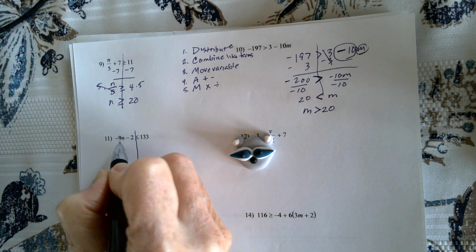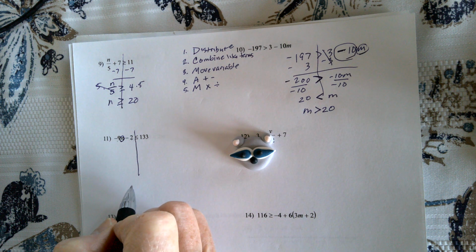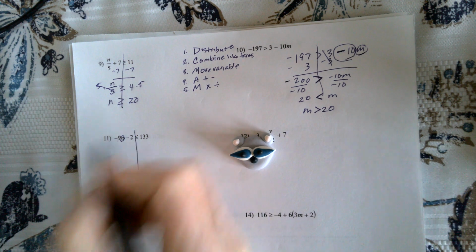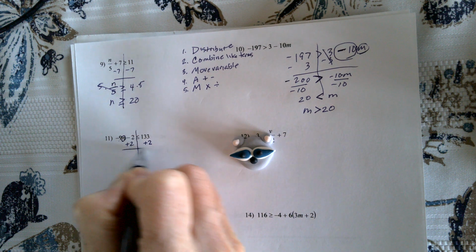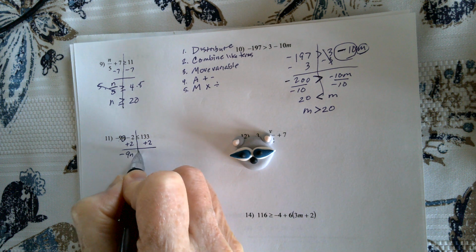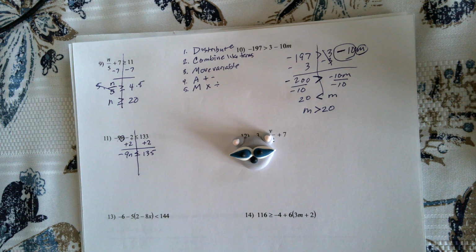Undo the add, subtract. We want n by itself. We have to get rid of negative 2 and the negative 9. We always undo the add, subtract first, and then we undo the multiplication division last.